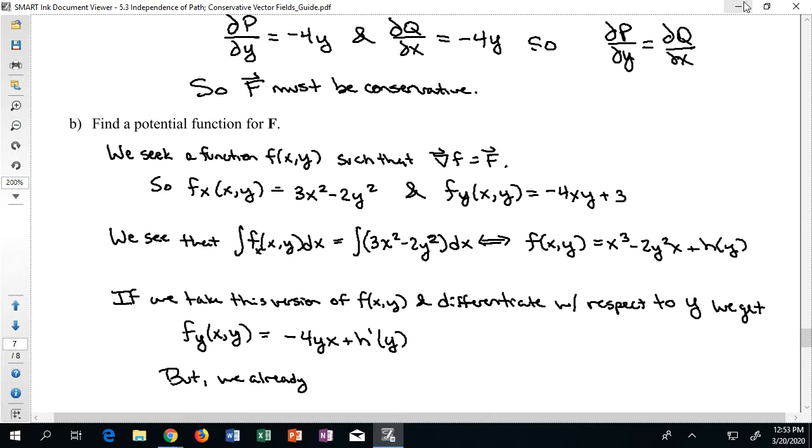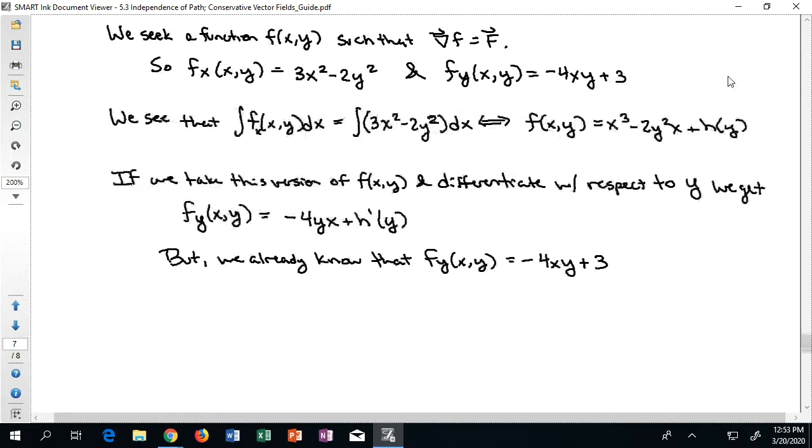We already know that the partial with respect to y was supposed to be equal to negative 4xy plus 3. Well, this means then that h prime of y has to be equal to the value of 3.